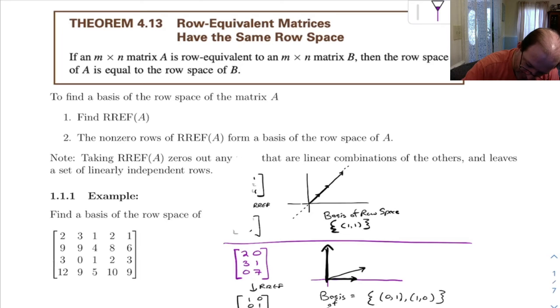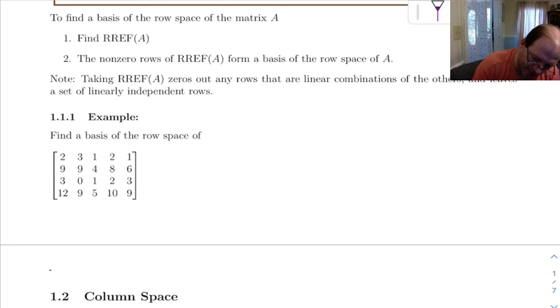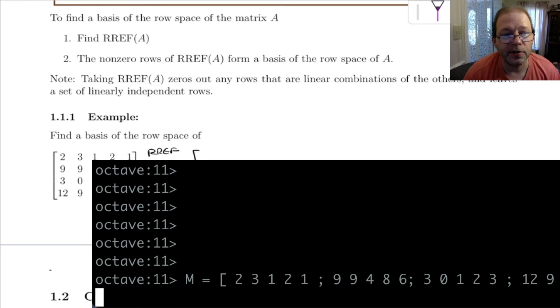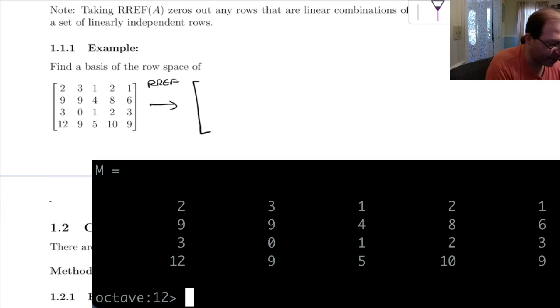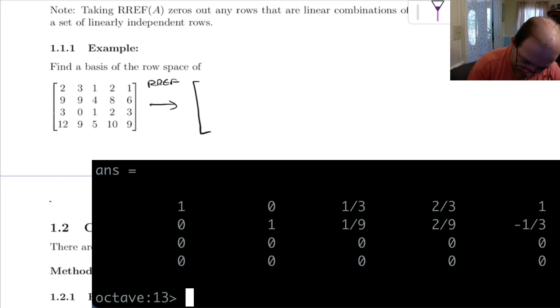Let me erase all of this stuff. Let's do this example. Find a basis of the row space of this thing. Well, first up, I'm going to row reduce it. And we're going to do that with Octave because that's a big matrix. Already typed it in. So we've got this matrix. And if I take the reduced row echelon form, I get this.